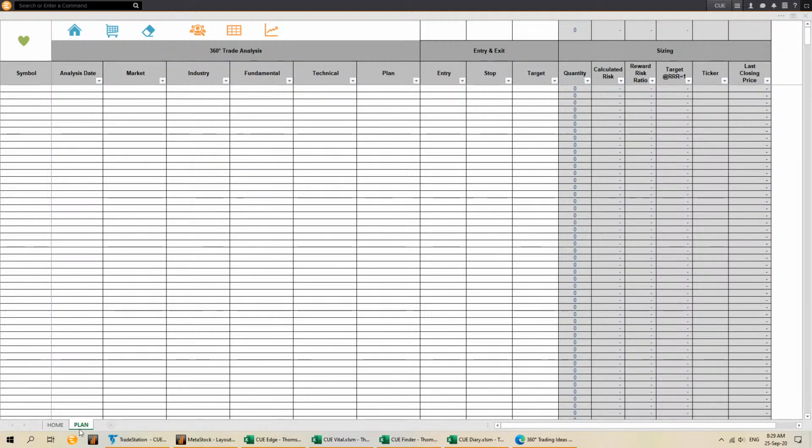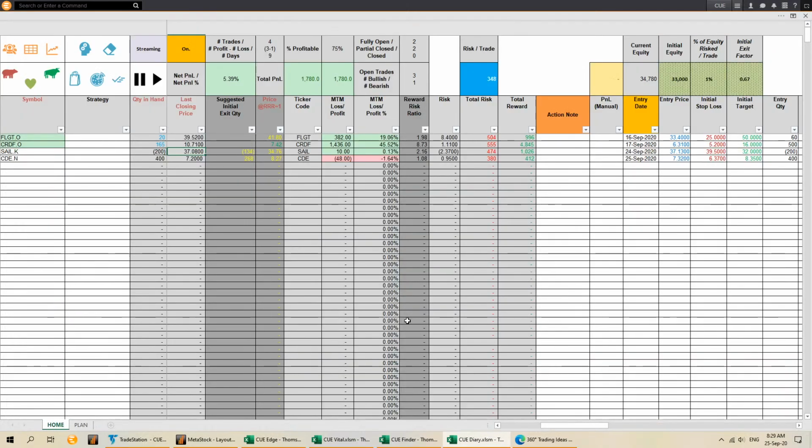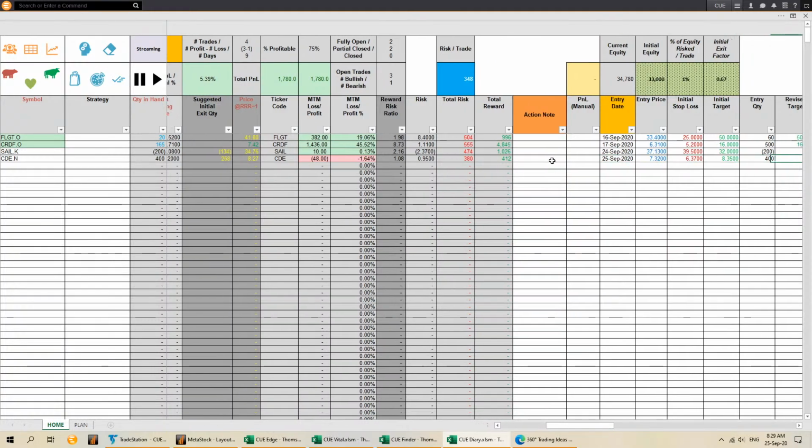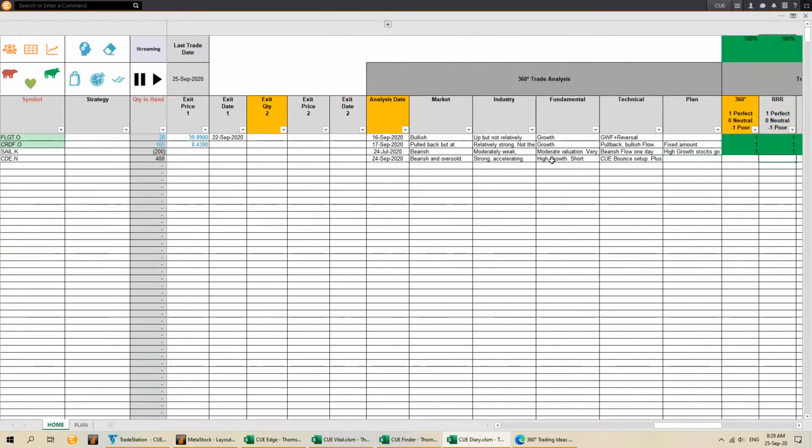How? When you go to the trade log, those planning criteria were also transferred. If I scroll to the right, this 360 degrees trade analysis that I carried out on 24th September, those are already logged here.